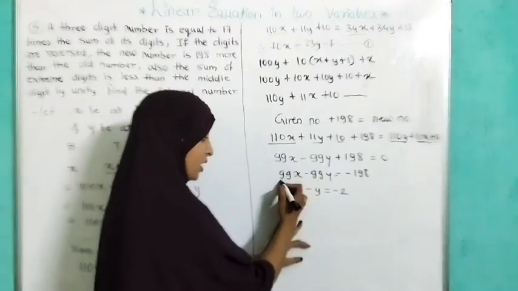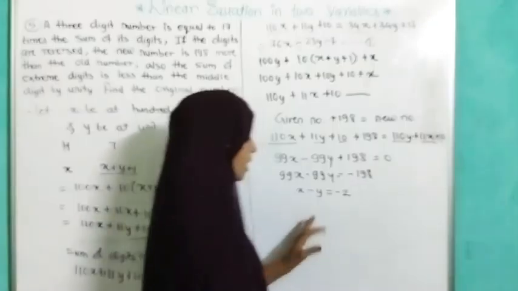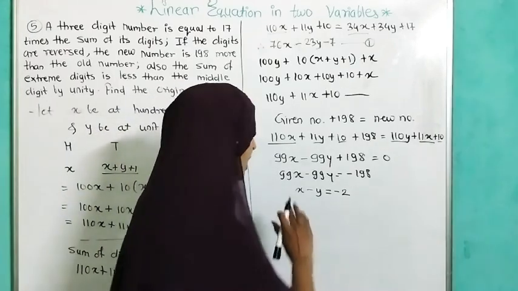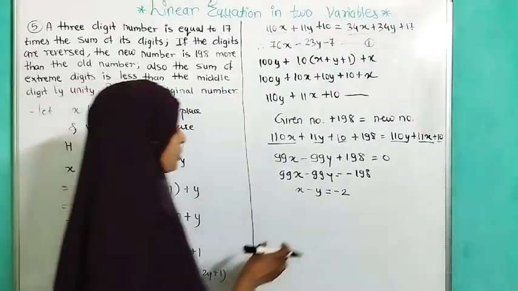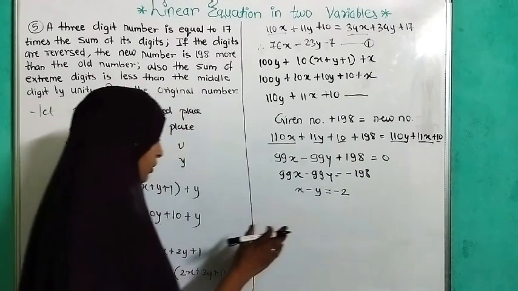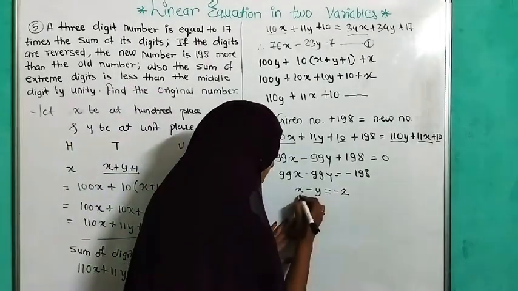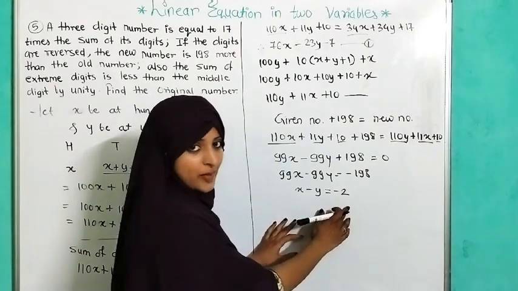Dividing by 99, we get x minus y is equal to minus 2. Now we are going to find the value of x. We know that x minus y is equal to minus 2.